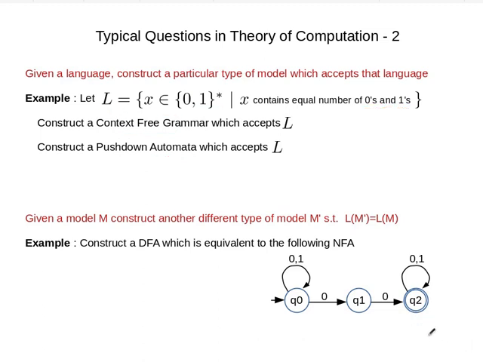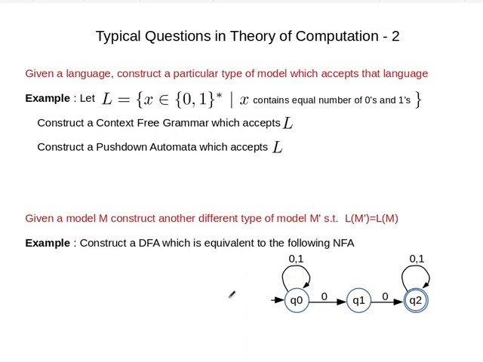That D may not be unique. But at least you come up with some DFA D which is equivalent with this model. Okay, so construct an equivalent model of a different type. You can do the same thing with, say, PDA and grammar. Given a grammar, you can try to construct a push down automata which corresponds to the same language, right?